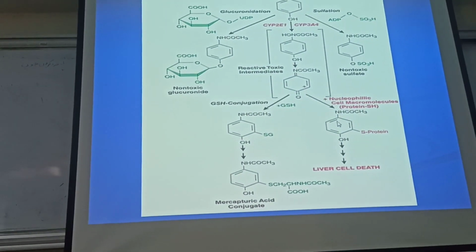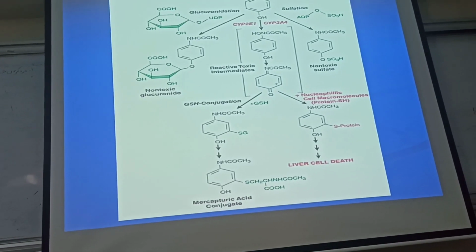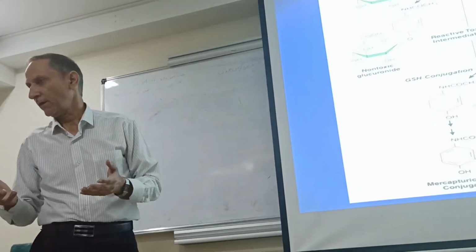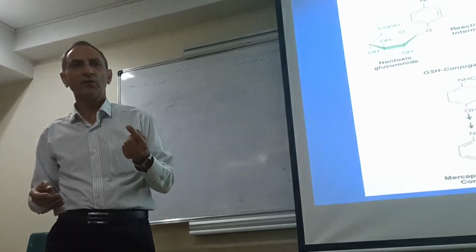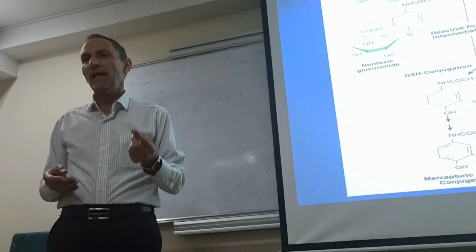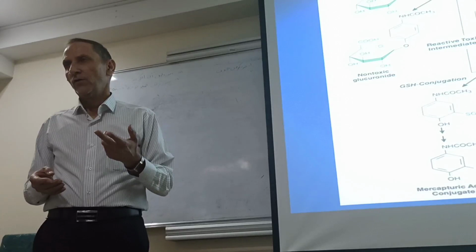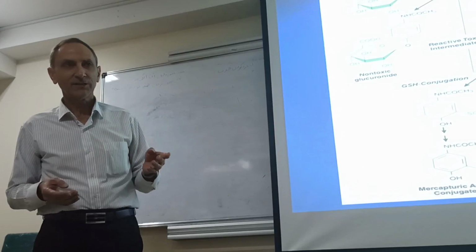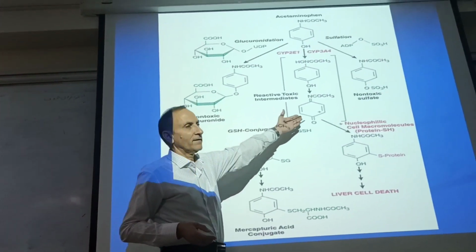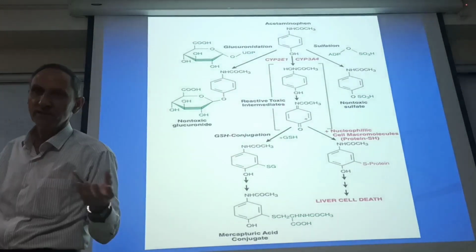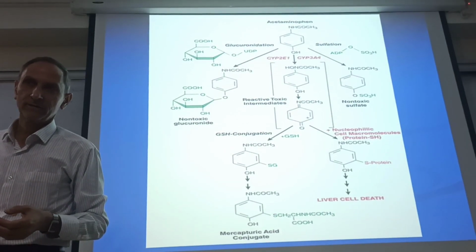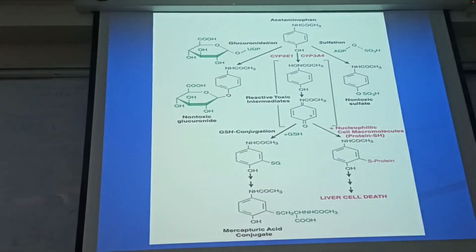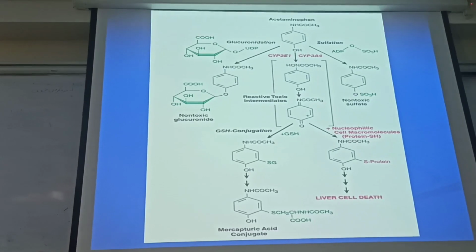For controlling or treatment of acetaminophen toxicity, we have a drug called NAC, which is N-acetylcysteine. N-acetylcysteine can bind with this toxic metabolite and detoxify the metabolite. We have NAC for acetaminophen toxicity.